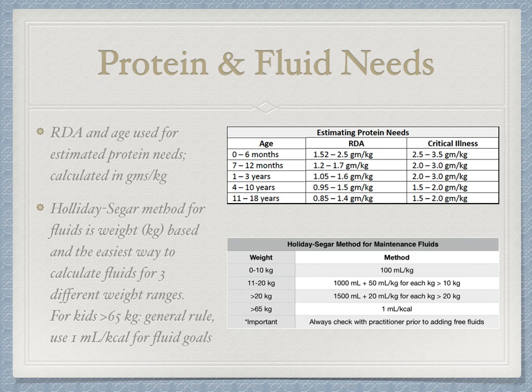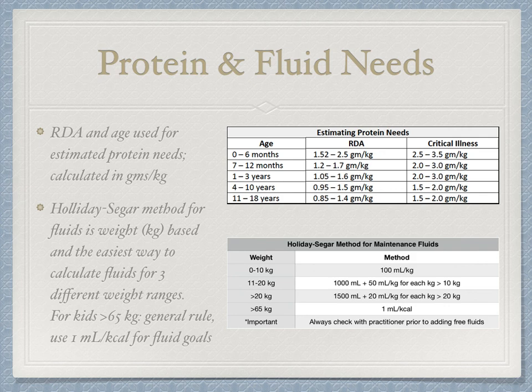So if I have a baby that is 7 to 12 months old and weighs 10 kilos, I simply plug that into the RDA, 1.2 to 1.7 grams per kilogram, and that spits out how much he needs, which is basically 12 to 17 grams per day. Should the baby require more for critical illness, then I'd bump it up into the 2.0 to 3.0 grams per kilo range. So fairly simple to use and pretty straightforward there.